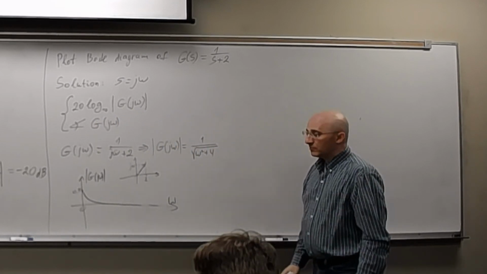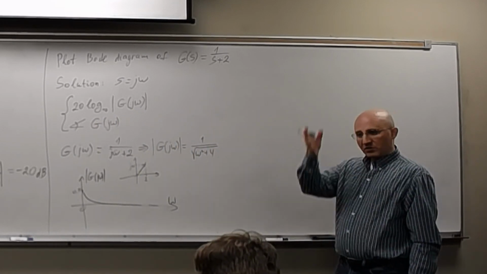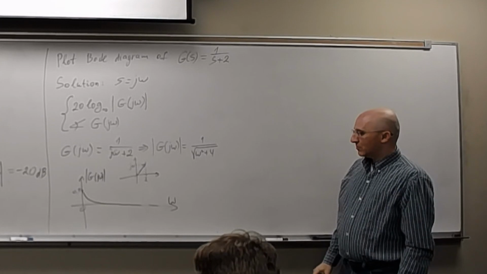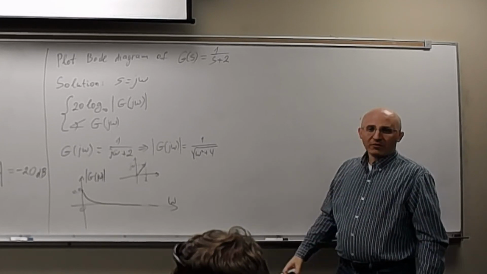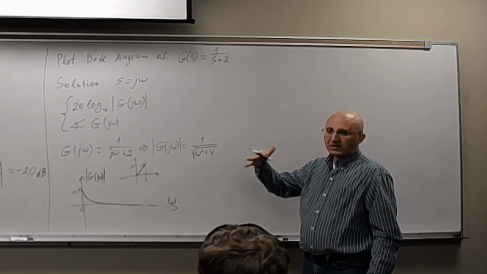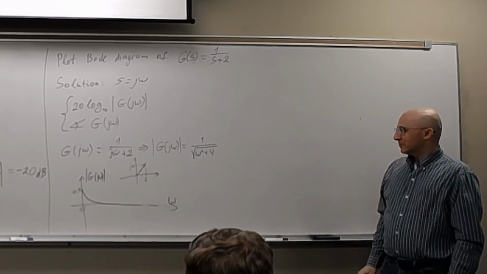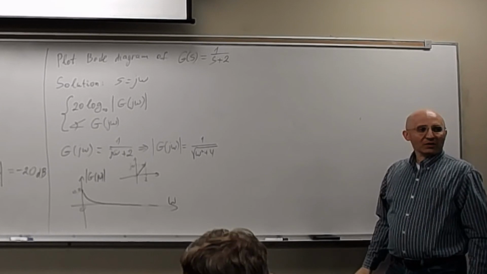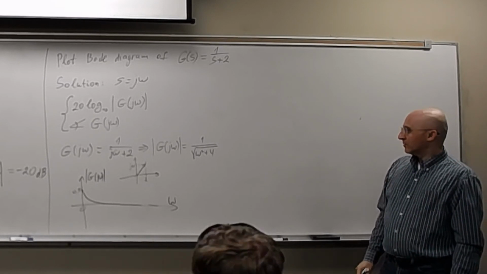A function which is going down and approaching 0 forever. It never gets to 0, right? You never can get really 0 here, but it's approaching 0 after you get to some big values of omega.